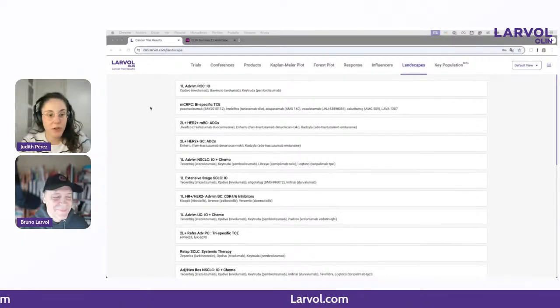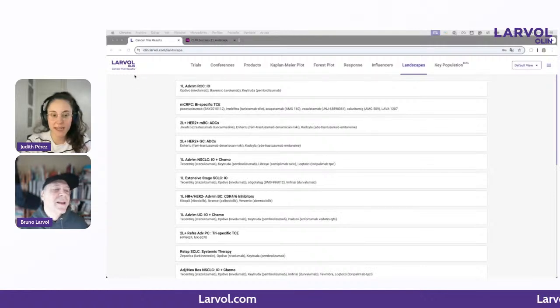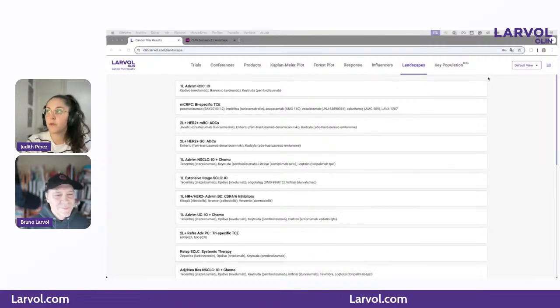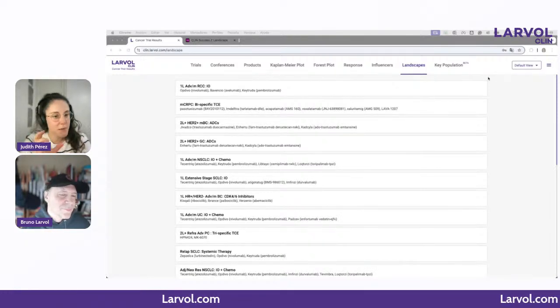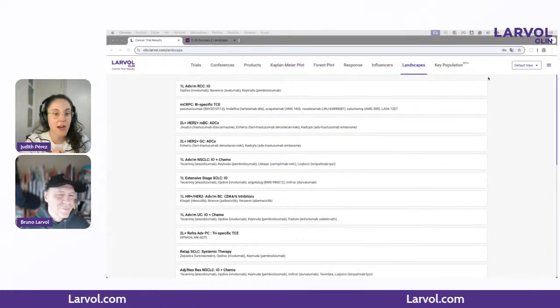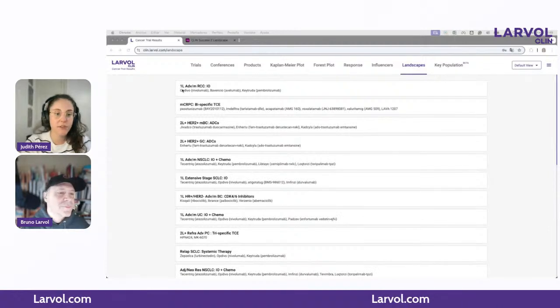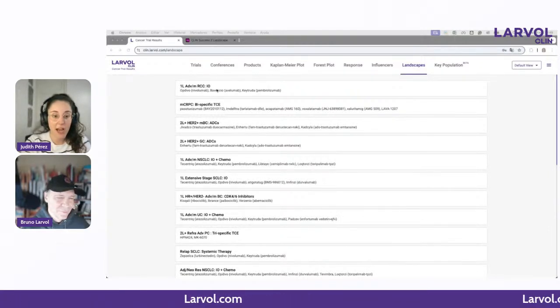Certainly. And today we're going to be navigating within LARVOL CLIN, this section of landscapes that, as Bruno was putting into words, is a 360 view of that particular key population definition, sometimes focusing on a particular drug or treatment. Let's take the first one: we're going to be exploring first-line advanced metastatic renal cell carcinoma, focusing on IO.